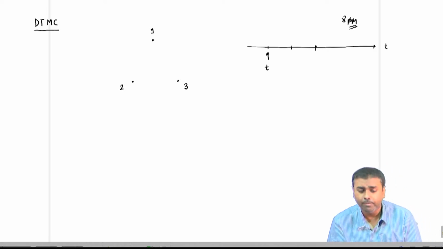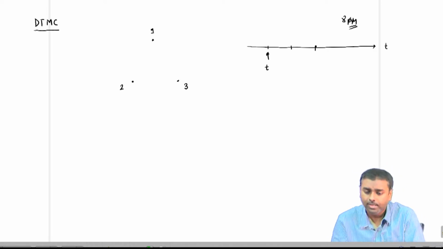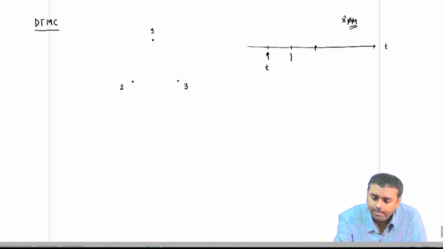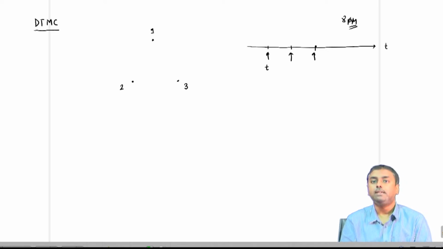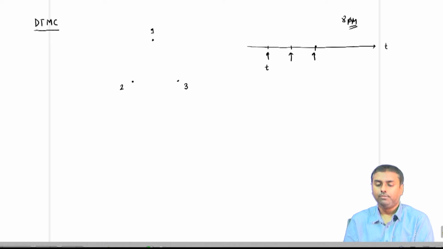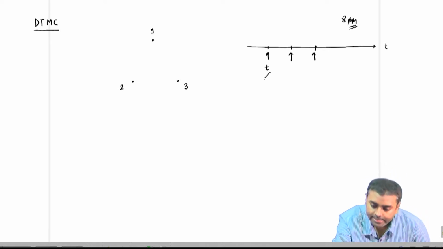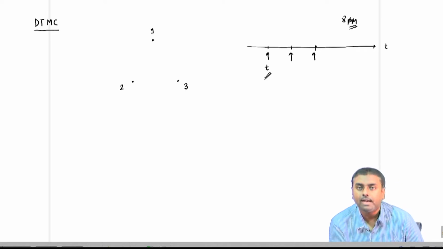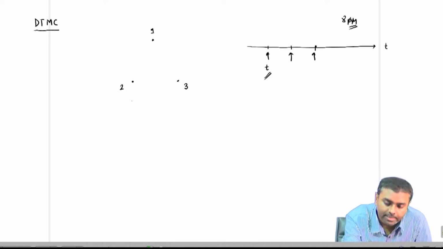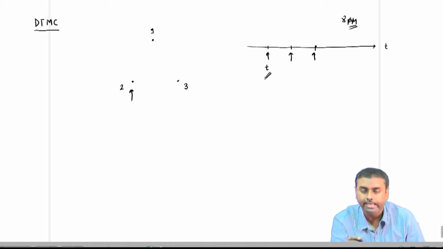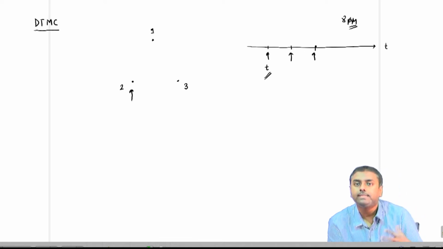Now what are these probabilities? Every 8 p.m. of every day, these probabilities come into play. They are called the transition probabilities from one city to another. Suppose I have observed him in city 2 on day t, and on that day he is transiting.